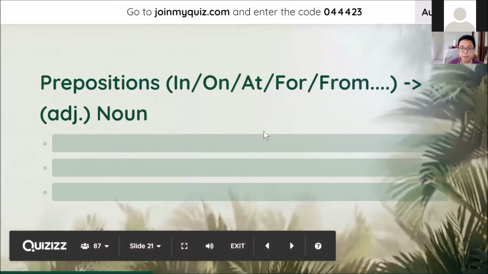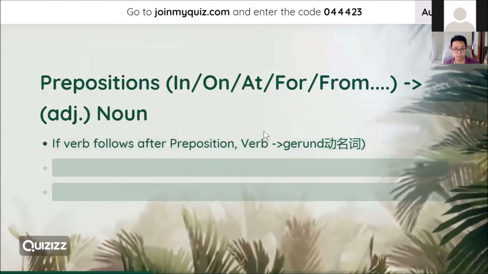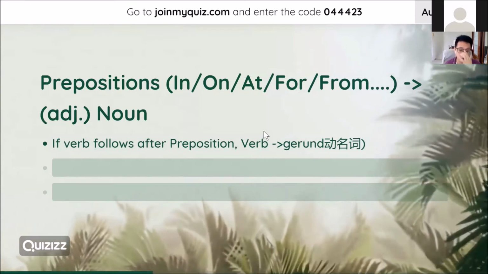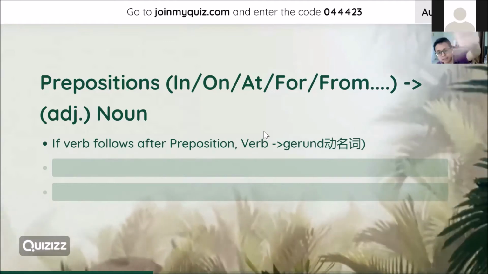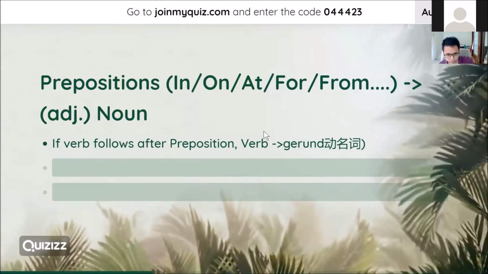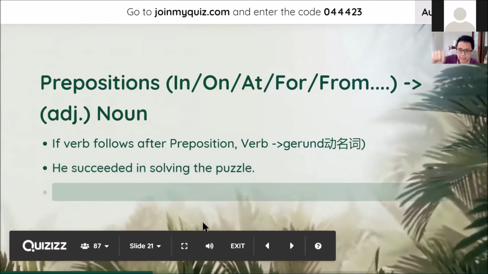Okay, so preposition 后面一定有 noun. So 如果它的那 preposition 后面是动词的话，它动词要变成 gerund，要变成动名词。For example, he succeeded in solving the puzzle.